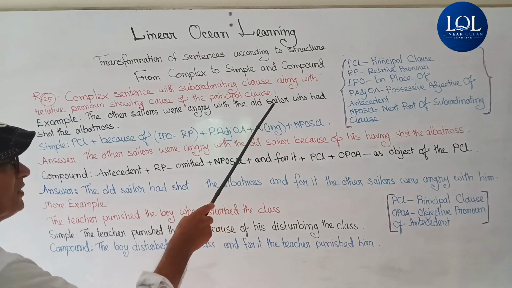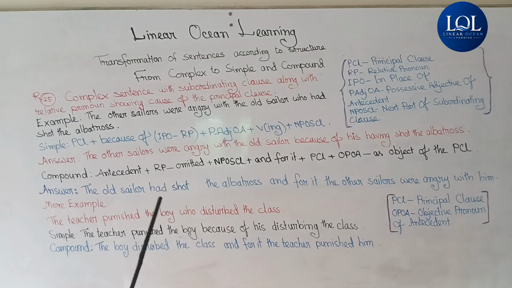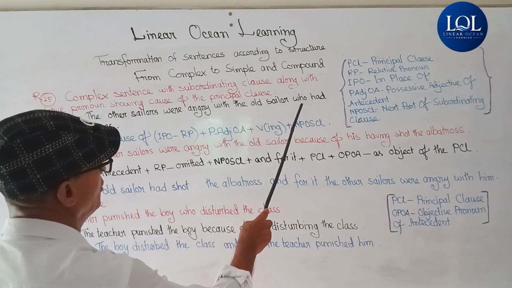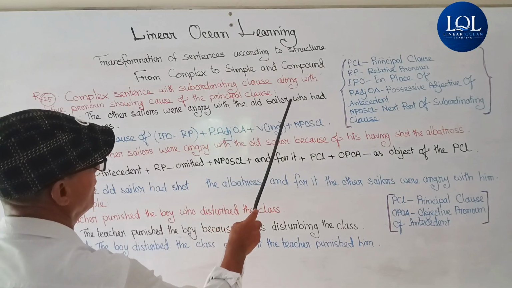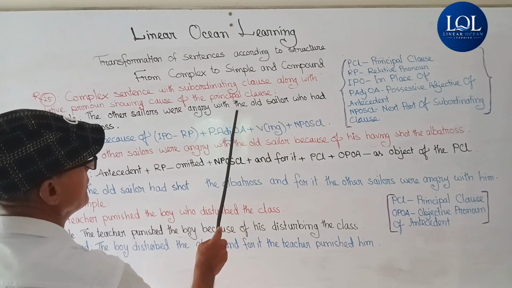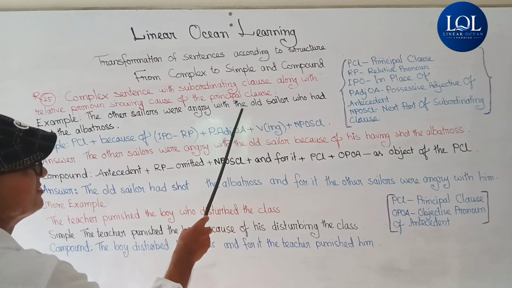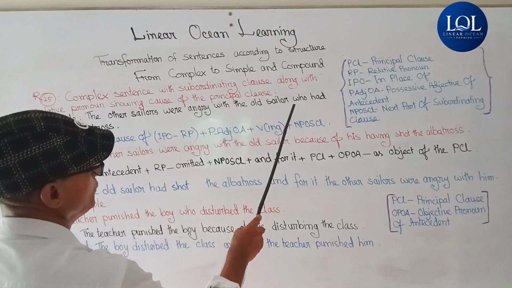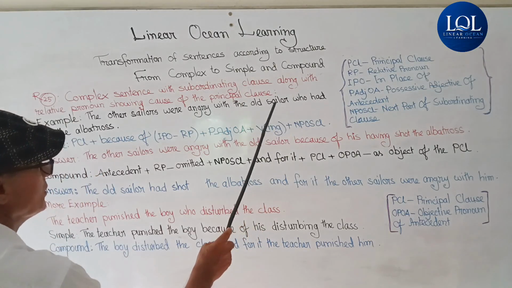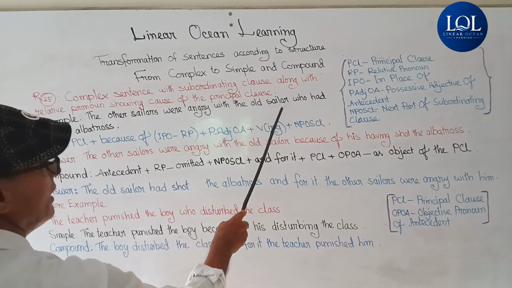Again, viewers, I need to define what an antecedent is. A noun or a pronoun that goes before a relative pronoun is called an antecedent. Here, who is the relative pronoun and the old sailor is the antecedent. And you know, without an antecedent, no WH word can be a relative pronoun. So here, who is the relative pronoun and the old sailor is the antecedent.